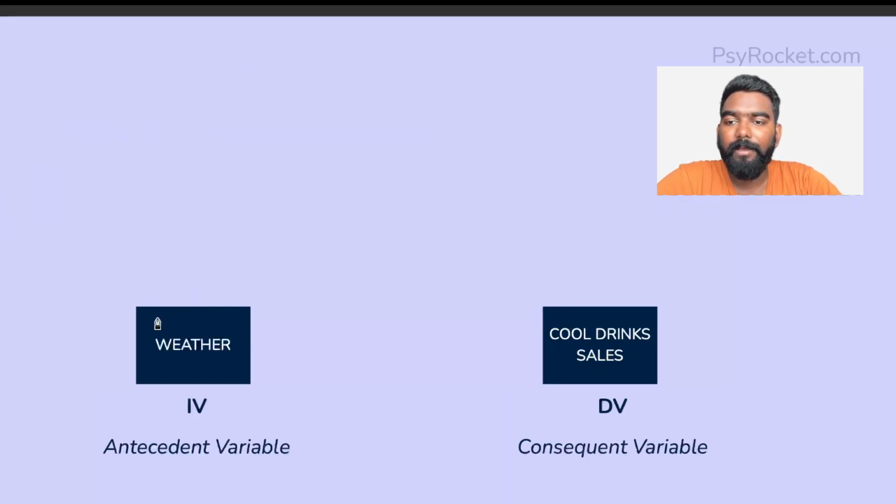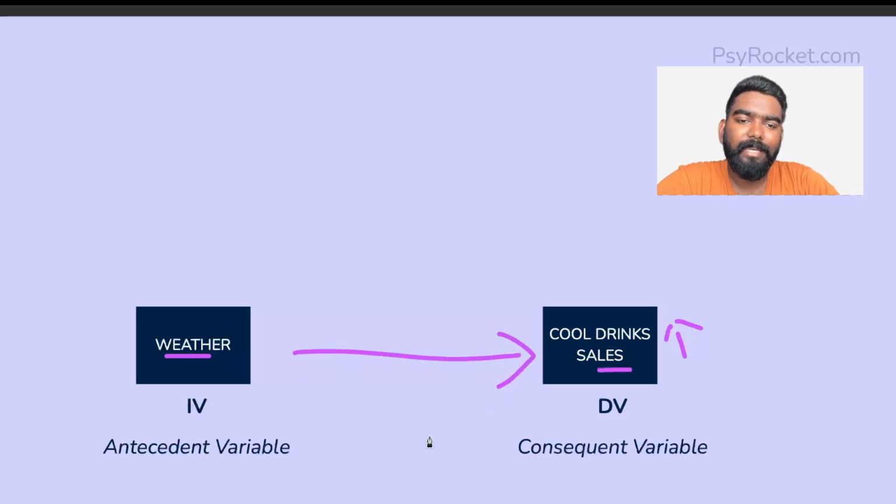Suppose when the weather is hot, obviously the sales of soft drinks or cool drinks will increase. This is obvious, isn't it? But how can an increase in weather impact these cool drink sales? In here, what is our independent variable? Weather. Okay, fine. What is our dependent variable?